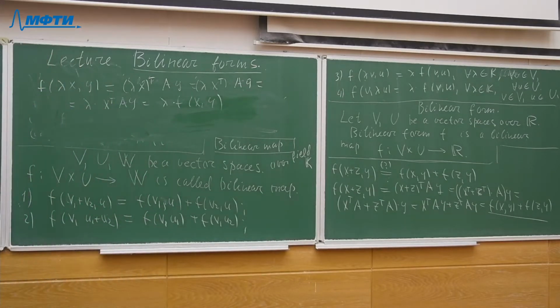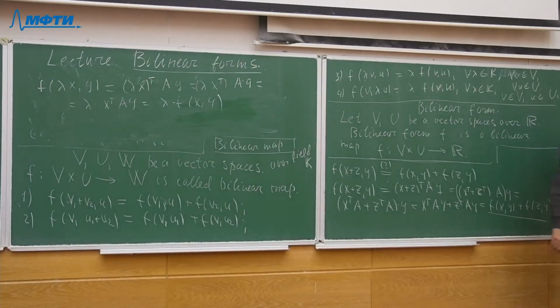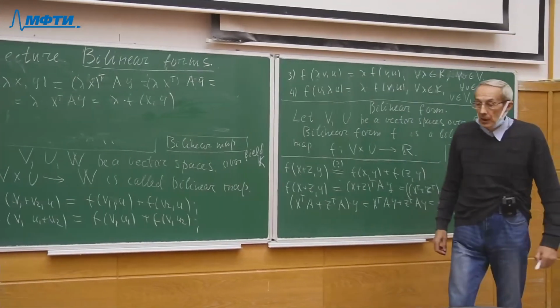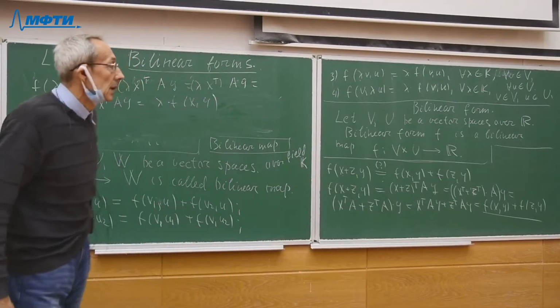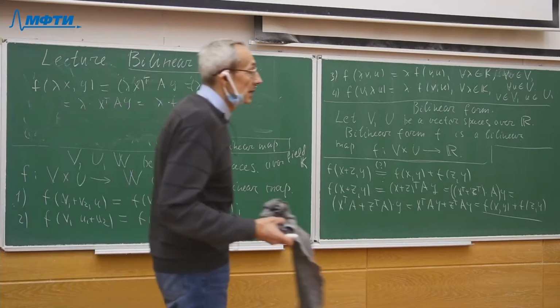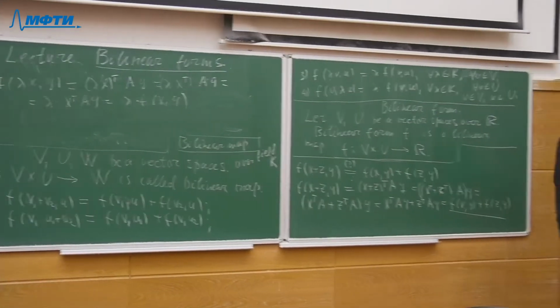And this may be the most important example of the bilinear form. Easy to see that in the general case, we can obtain the same presentation for an arbitrary bilinear form.